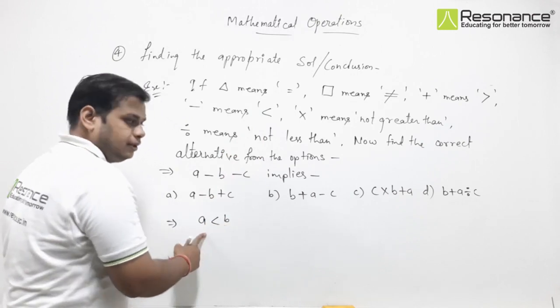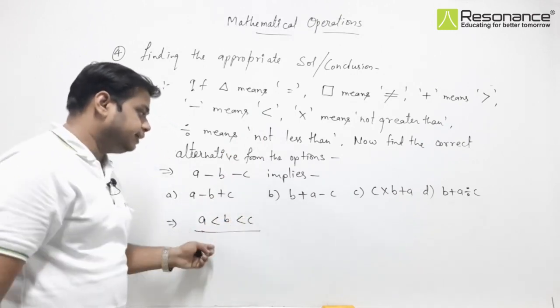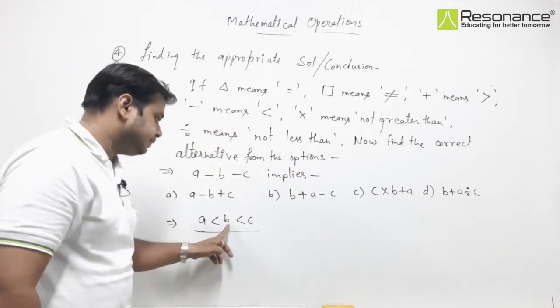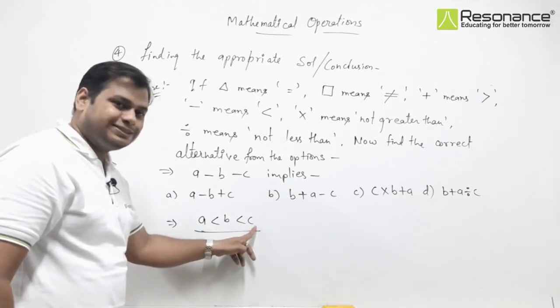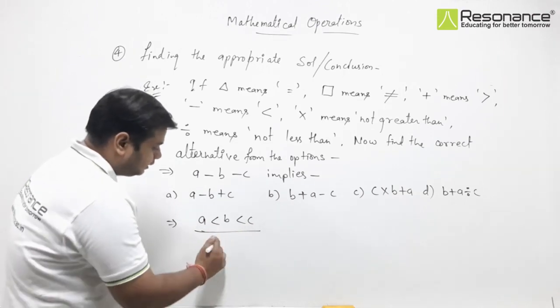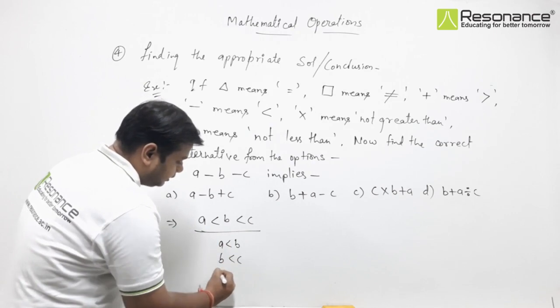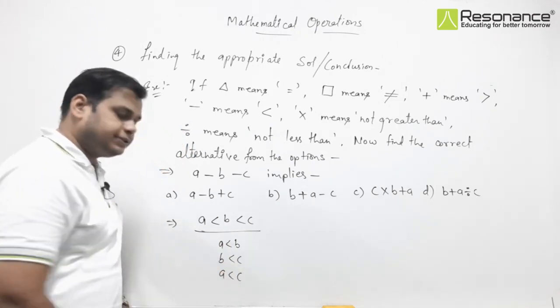A is less than B and B is less than C. So this condition should hold in any option. If A is less than B and B is less than C, then A is also less than C.